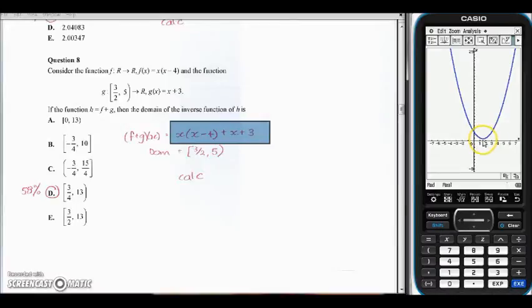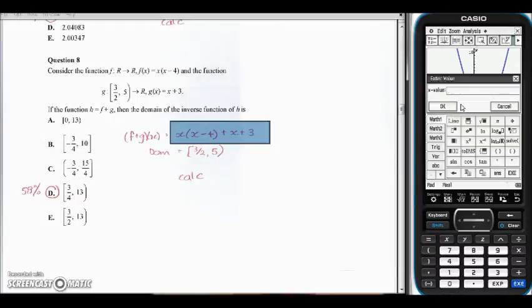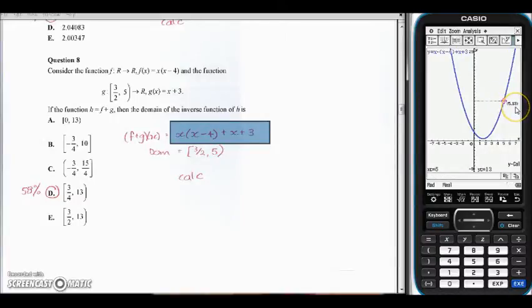We're interested in the points from 3/2 to 5. If you have a look, there's 5. That's going to be the maximum of the range of h, or the domain of the inverse. Now we've got a turning point somewhere. I'm just going to check where that turning point is, and it's at 3/2. So therefore, the range of h is going to be from 0.75 to, let's do a y calc, 13.